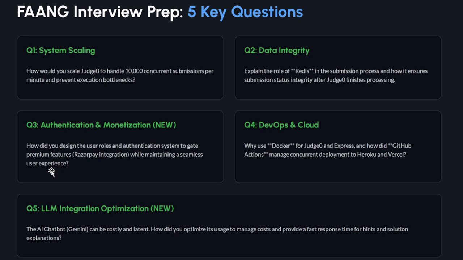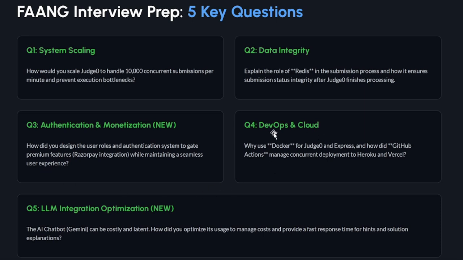We use user roles like basic and premium, which we can store in the token payload and validate with the Express API middleware. The Razorpay webhook asynchronously updates the user's role in MongoDB after a successful payment, triggering a new token upon the next request.